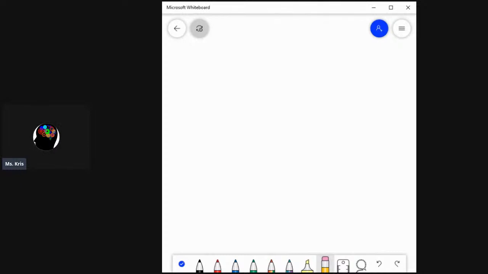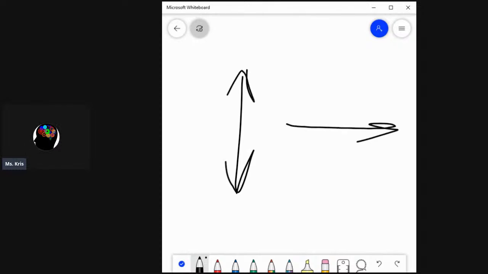Now, moving right along in proofs, we have vertical lines and horizontal lines. Vertical lines mean it goes up and down. Horizontal means it goes left and right.